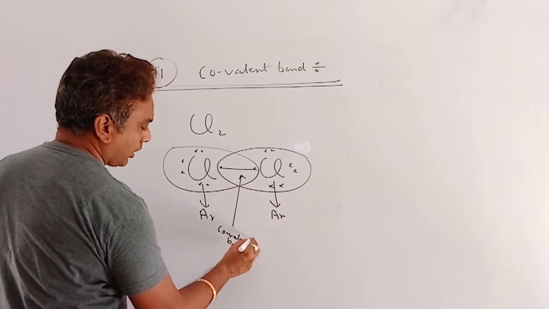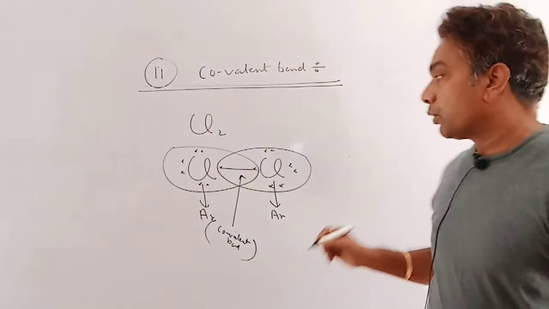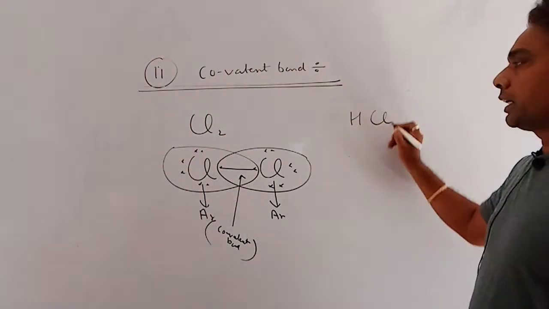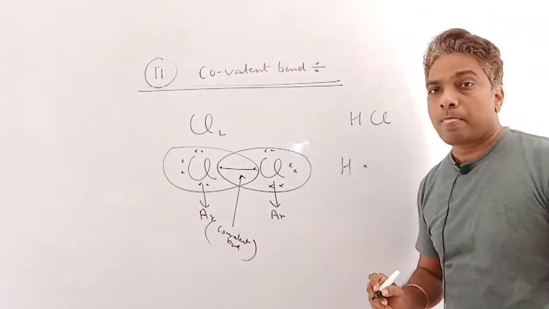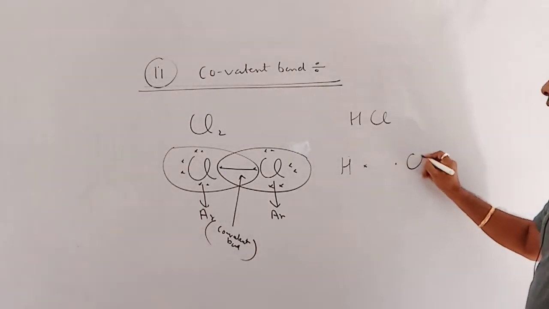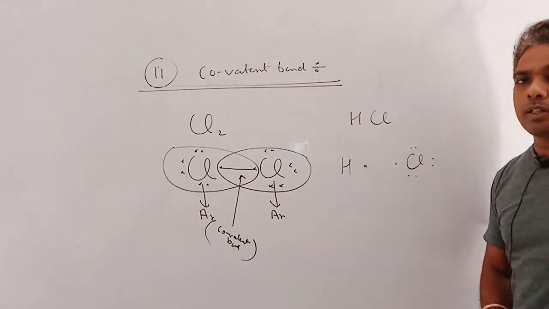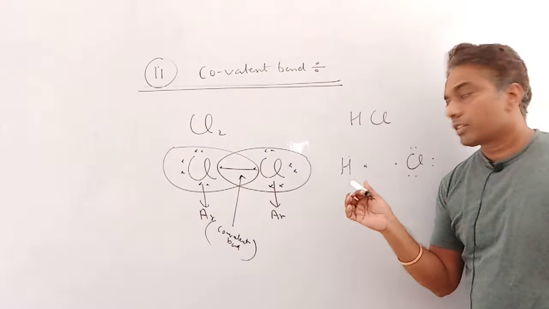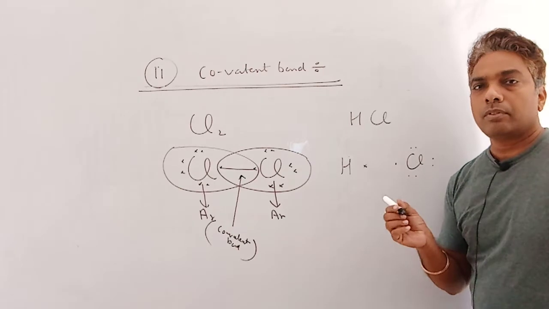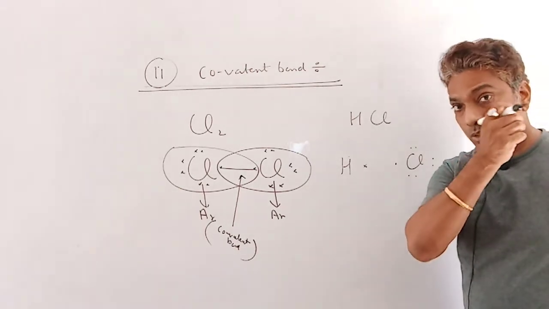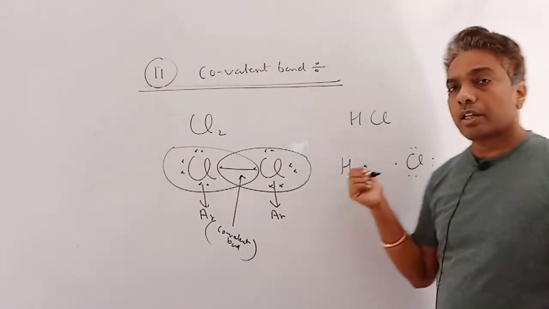Clear? Similarly, another molecule is HCl. Hydrogen contains 1 electron in the outermost shell, and chlorine contains 7 electrons in the outermost shell. So both require 1 electron to complete its duplet as well as octet, since the nearest noble gas of hydrogen is helium, whose outermost configuration has 2 electrons, while the nearest noble gas for chlorine is argon.